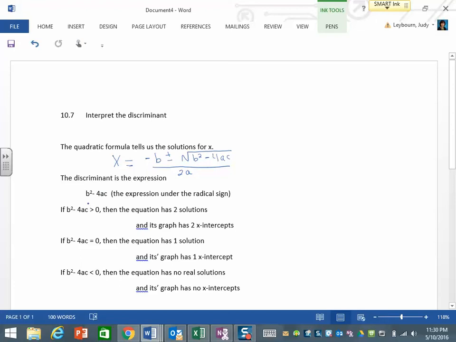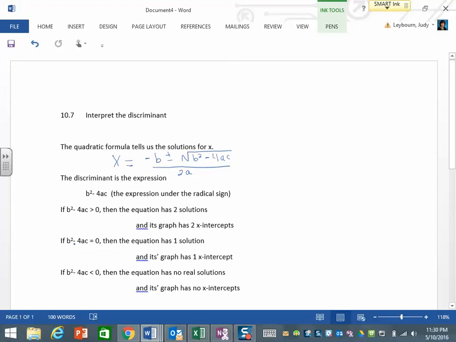It gives us a lot of information about the equation or about its graph. If b squared minus 4ac, in other words the discriminant, is positive, then the equation has two solutions and its graph has two x-intercepts.